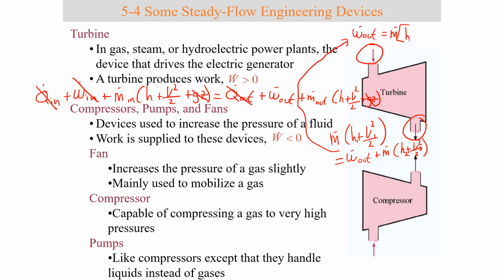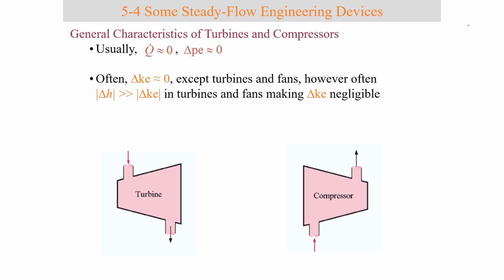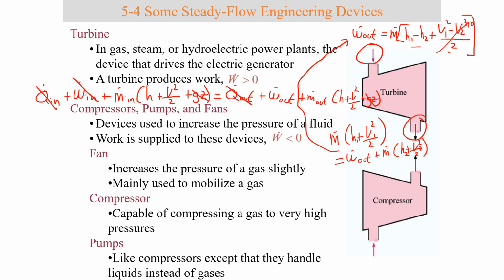It would be H1 minus H2 plus (V1 squared minus V2 squared) over 2. In a lot of cases, the change in enthalpy is much greater than the change in kinetic energy of the fluid, so sometimes that can go to 0. Not all the time, but sometimes. And I'm left with work out equal to mass flow rate times the change in enthalpy for the turbine.